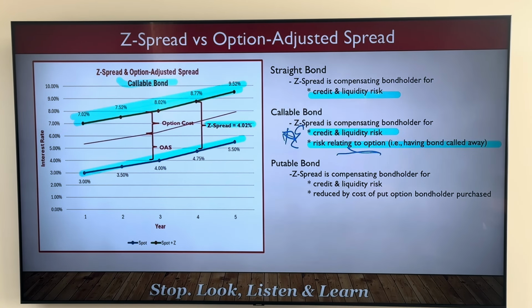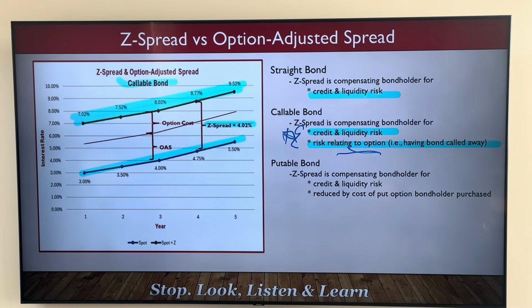And so the way to look at it is to say, okay, I'm getting this total Z spread here, this return above the risk-free rate, but a portion of that is going to be related to the option that I am selling to the issuer, or the rights that I am giving up.